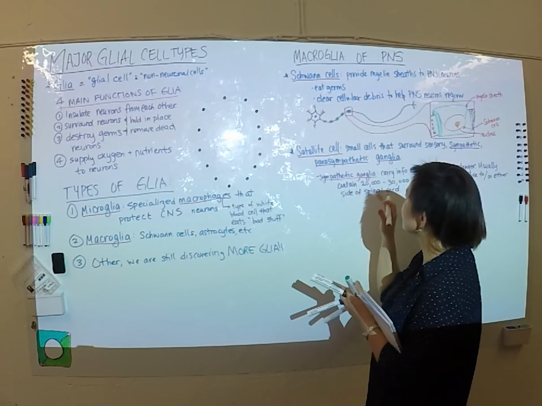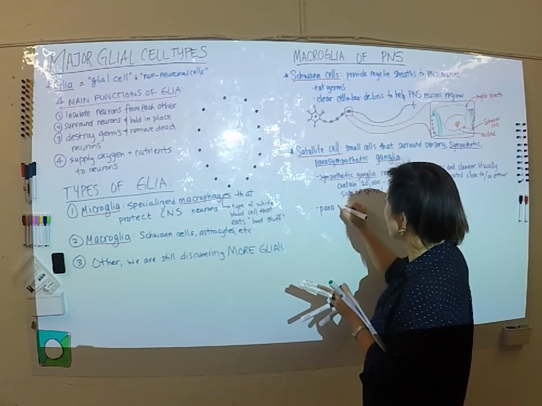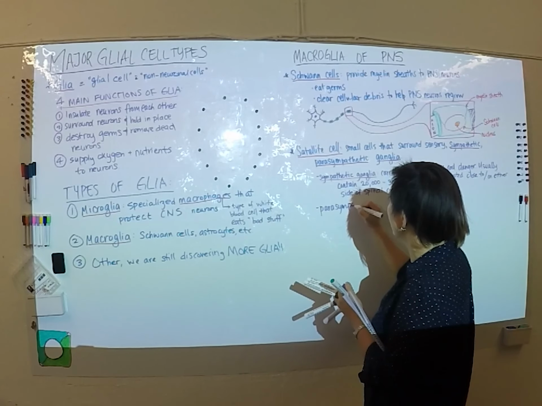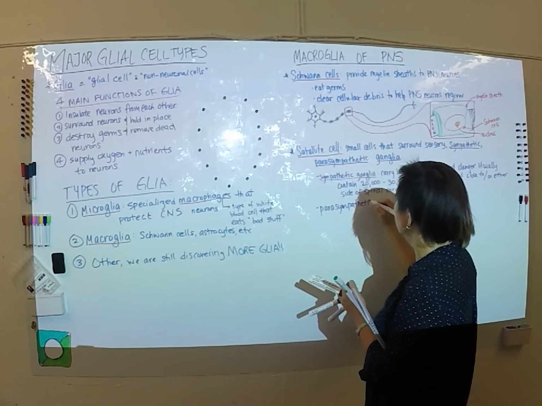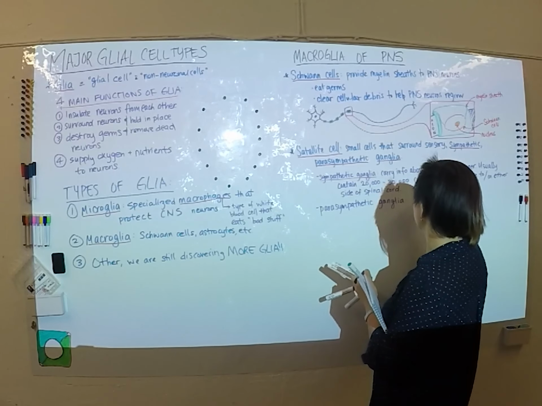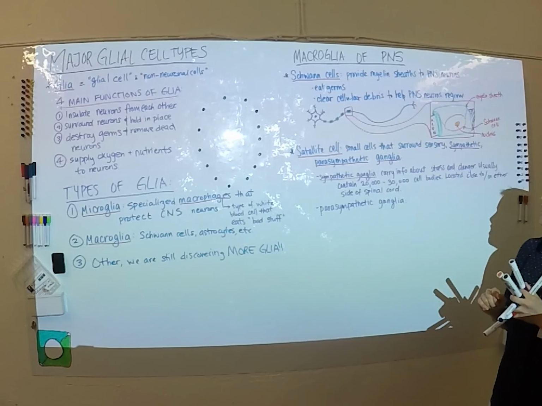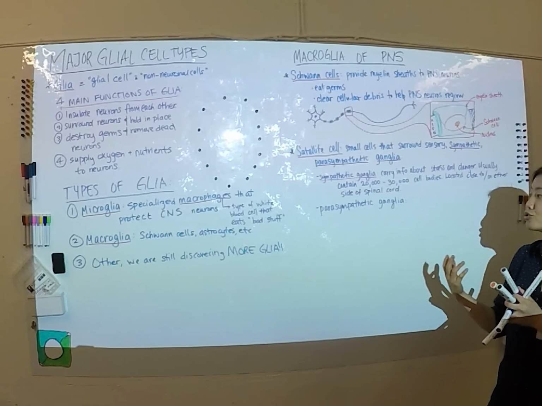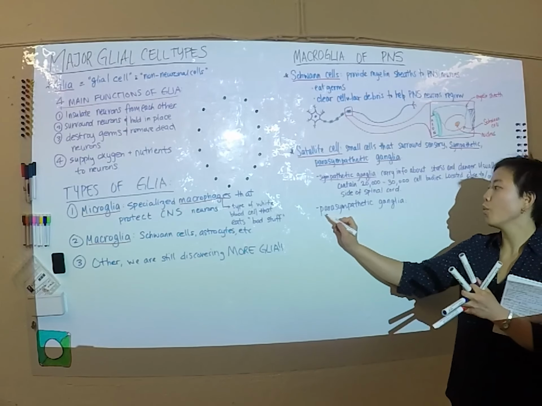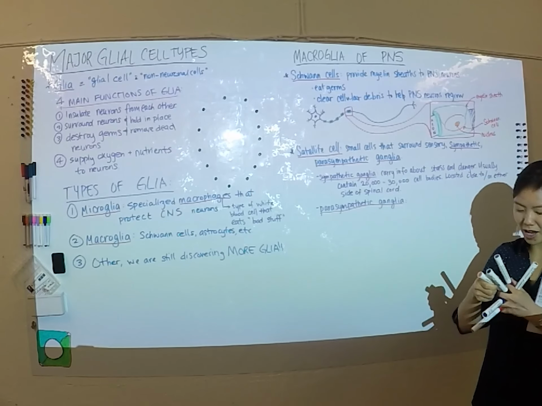Second new word, parasympathetic ganglia. Okay, so if the sympathetic ganglia are carrying information about stress and danger, what do we think the parasympathetic ganglia carry information about?